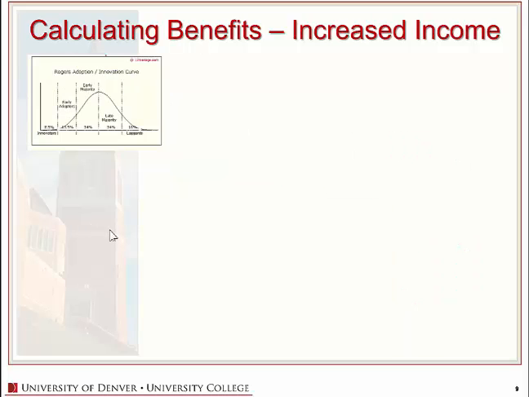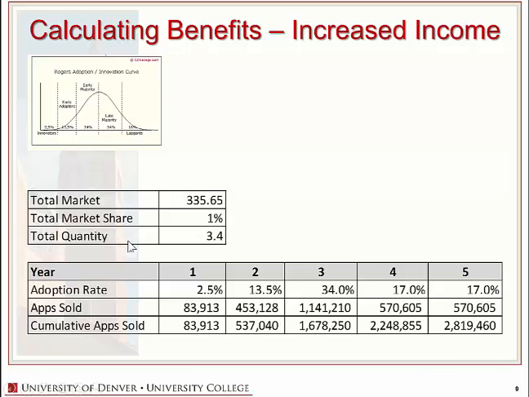Applying Rogers' adoption rates results in a table like this. It starts with the total market, applies our 1% market share to come up with the total quantity of 3.4 million applications sold. And then we take a look at how this works out over time. We use the adoption rate for innovators in year 1, and then the adoption rate for the early adopters in year 2, and then in year 3, we take a look at the early majority adoption rate and use that.